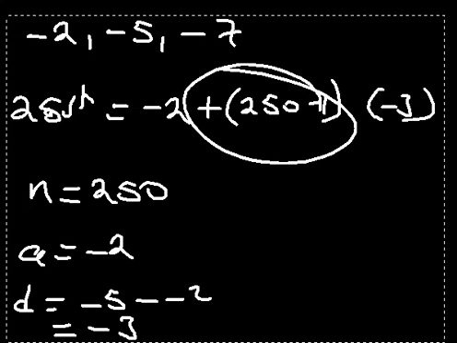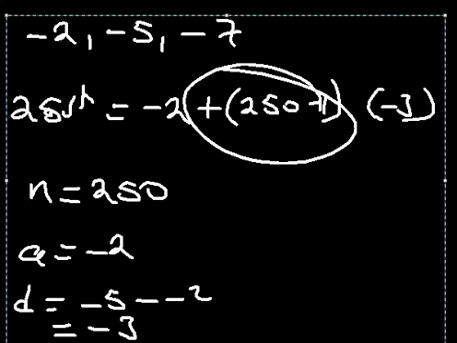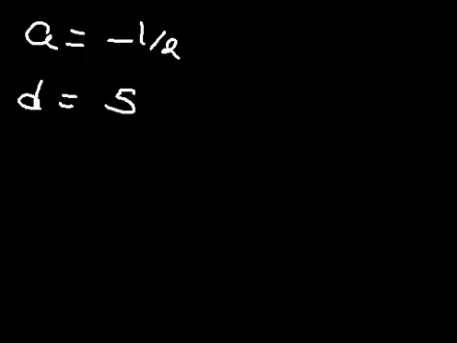So now what if this is the case? Let's say we have a certain arithmetic progression with the first term given as negative half, and the common difference is given as 5. So what is the 20th term if that's the case?